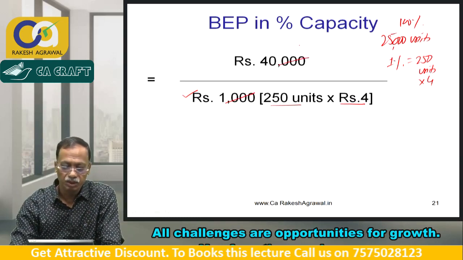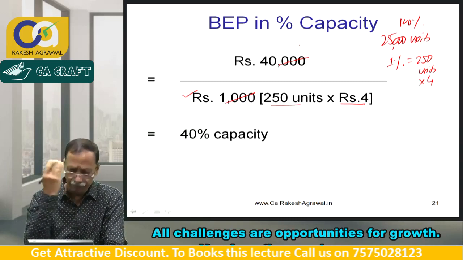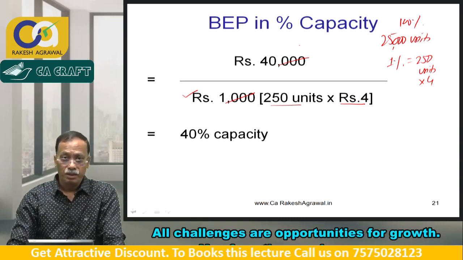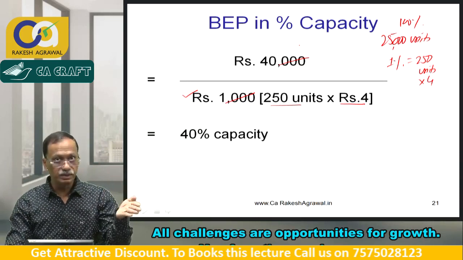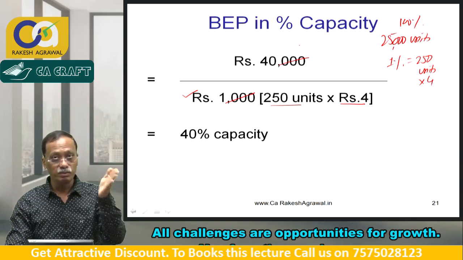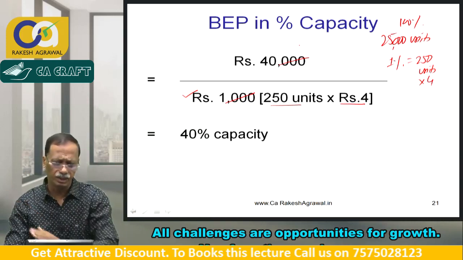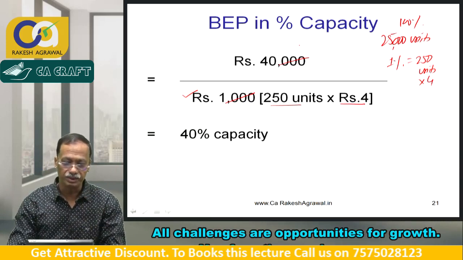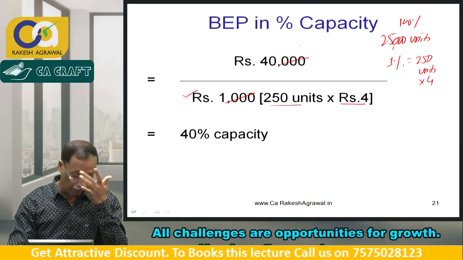So the answer of BP is 40% capacity. It means if you use 40% of the total capacity of the plant, you will just achieve break-even point. It means your plant should operate above 40% capacity to generate profit. Done. So the writing work is over.